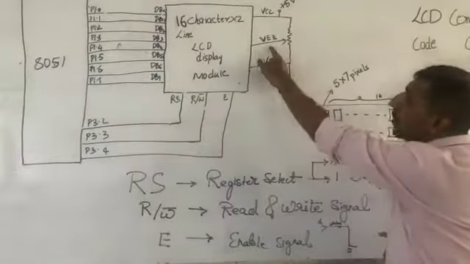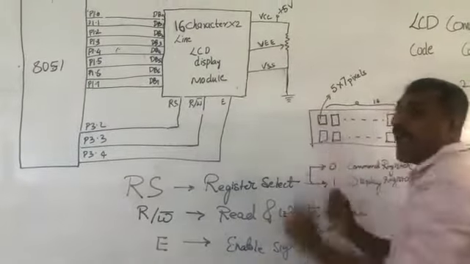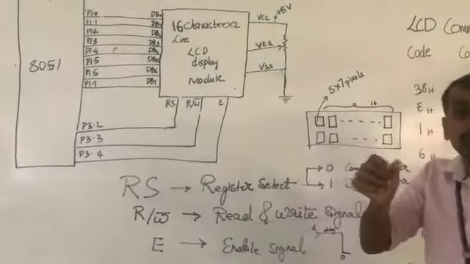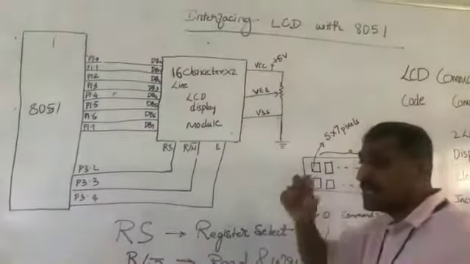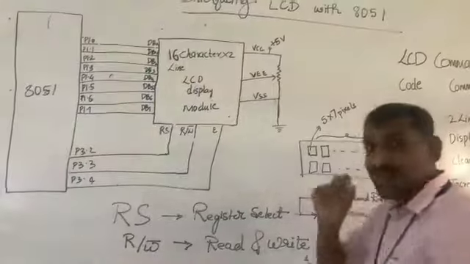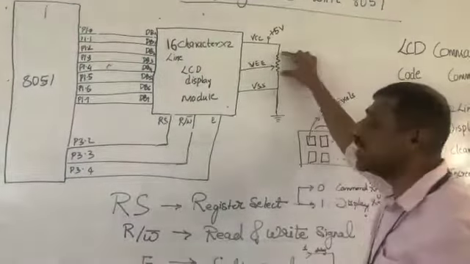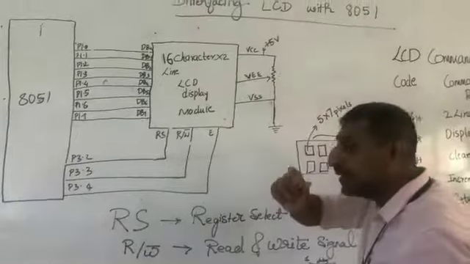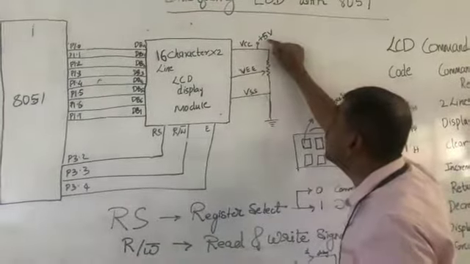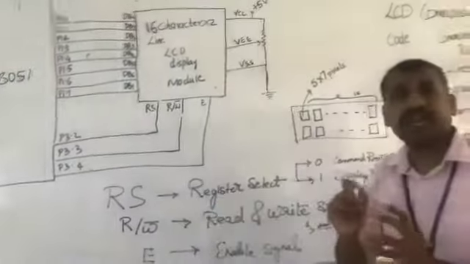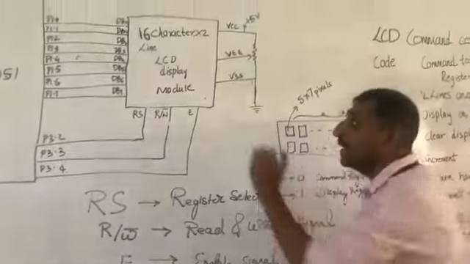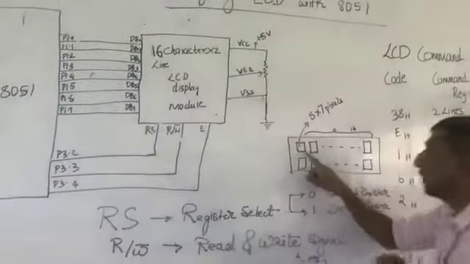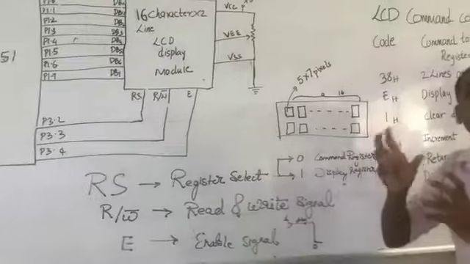There is one more pin called VEE, and you will have a knob for VEE. When that knob is rotated, actually it is a pot, you are adjusting the resistance, and when you turn that knob, the voltage between 5 volts and 0 volts gets varied, and accordingly the brightness of the display gets adjusted.